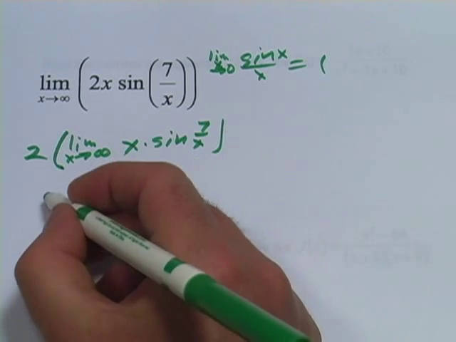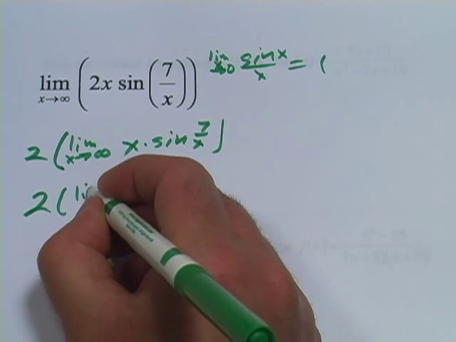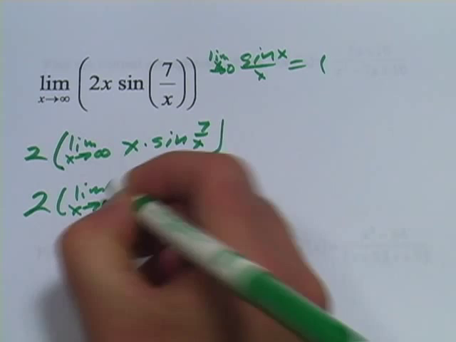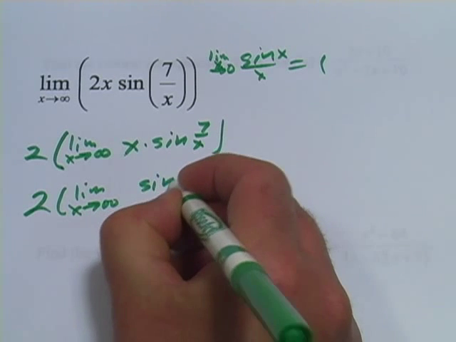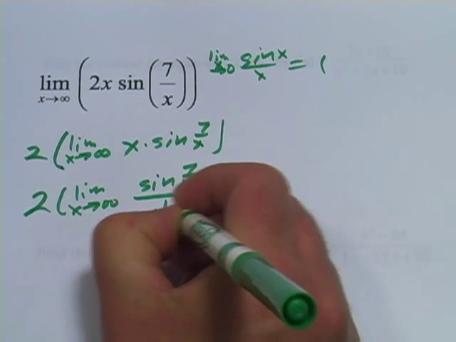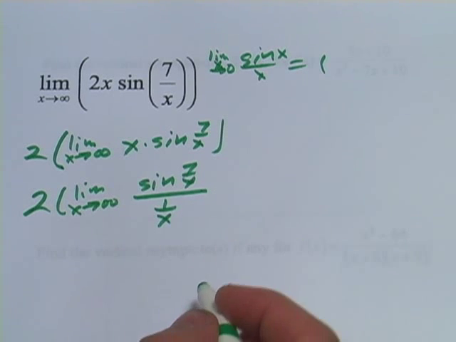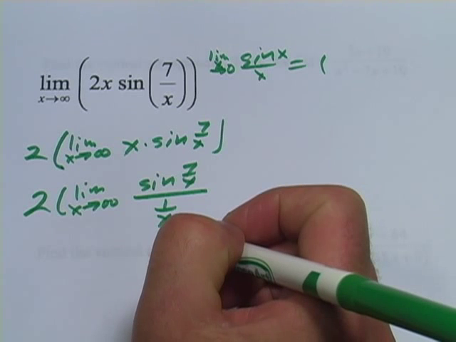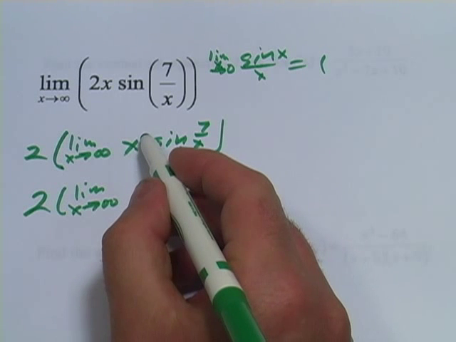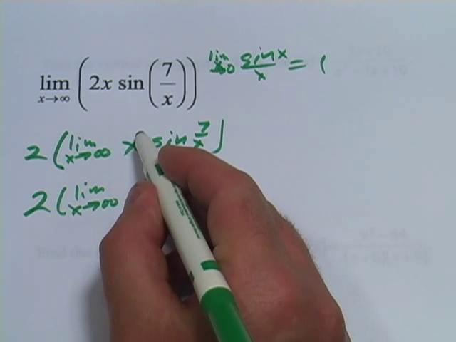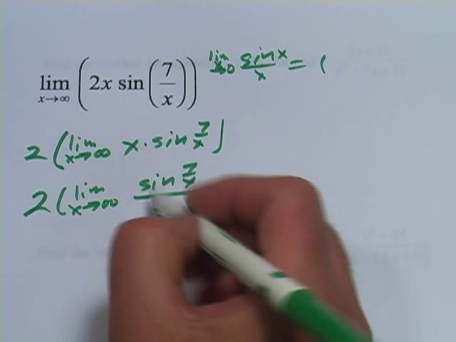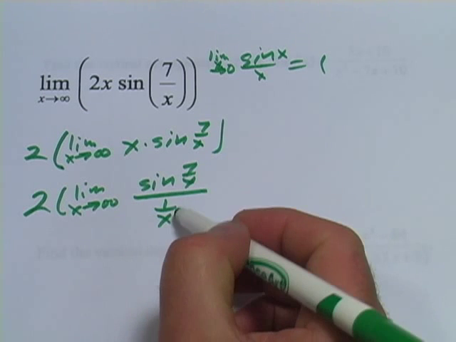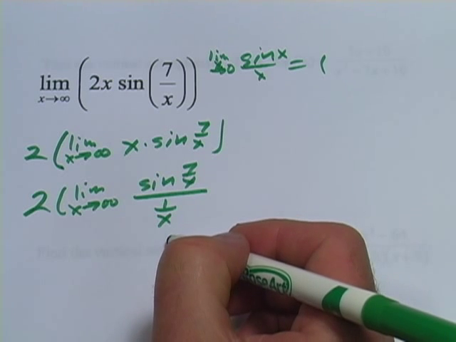So we have 2 times the limit of x approaches infinity of the sine of 7 over x over 1 over x. If you're not sure how this x here turned into a 1 over x here, you can think about this as having an exponent of positive 1, and then we move it down to the bottom of the fraction, so that changes its exponent to a negative 1.